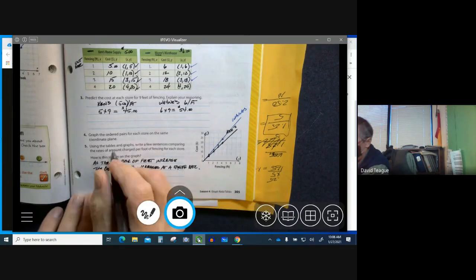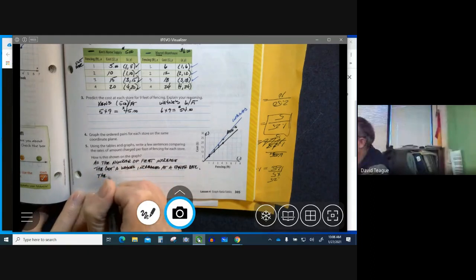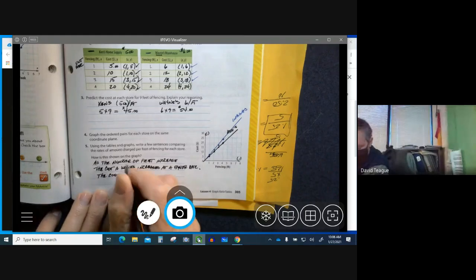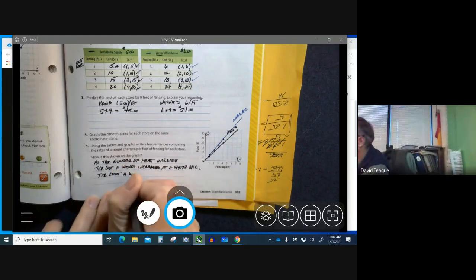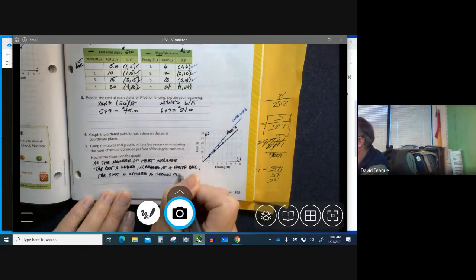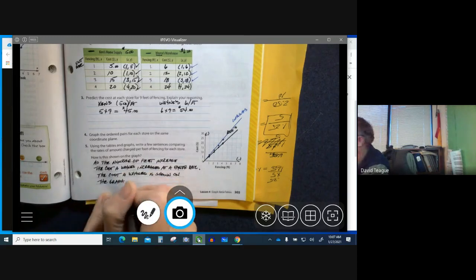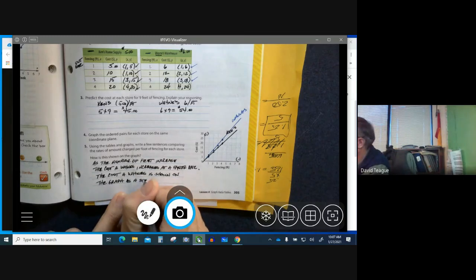The cost at Wayne's is shown on the graph as a steeper line.